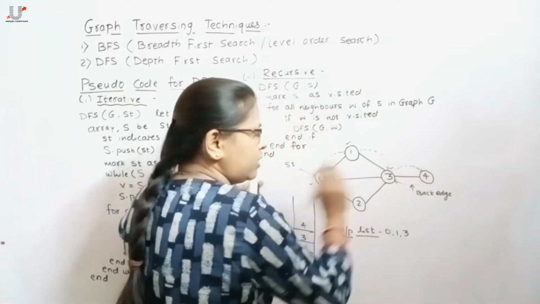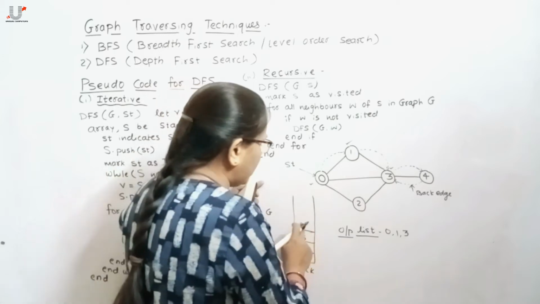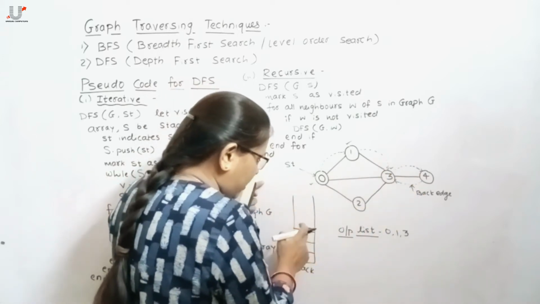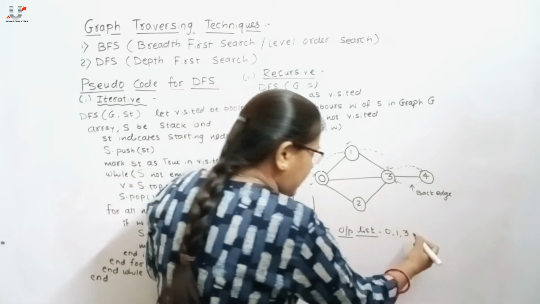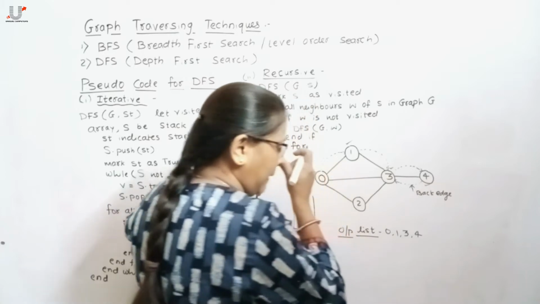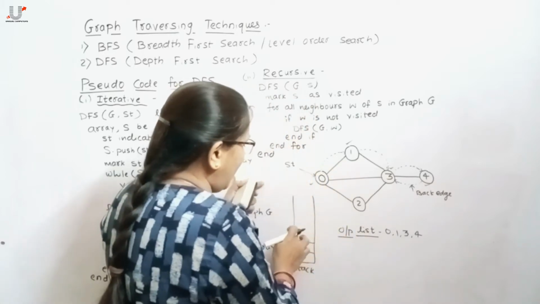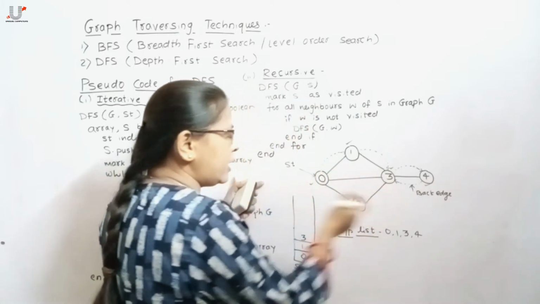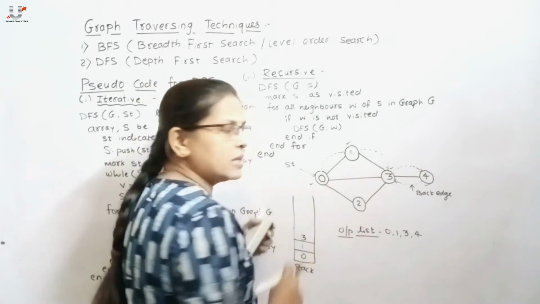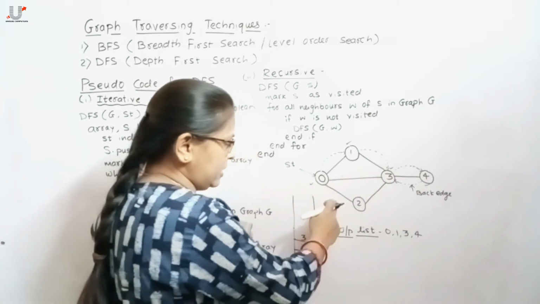Backtrack from where we moved. Whenever we perform backtracking, the topmost element of the stack gets popped, added into the output list and marked as visited. Then after popping, check whether any unvisited adjacent node of this 3 is present in the given graph.